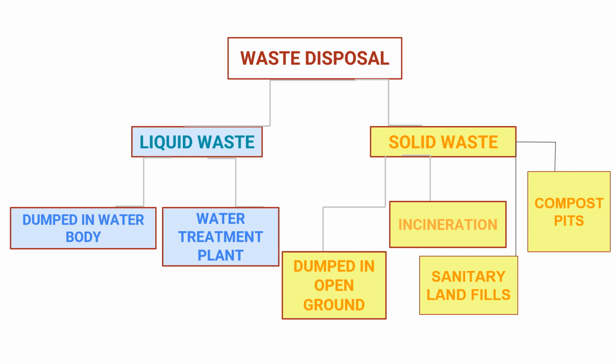And if the waste is a solid waste, there are a few different ways in which we can get rid of it. It can either be dumped in open ground, or go for incineration where the waste is burnt. It can also be used for sanitary landfills, or dumped in compost pits. So let us have a better view of the whole process.